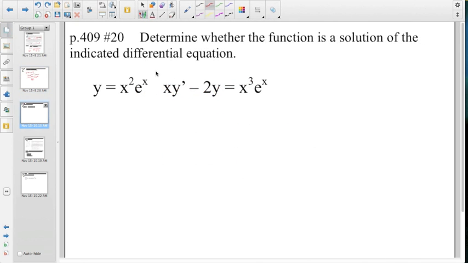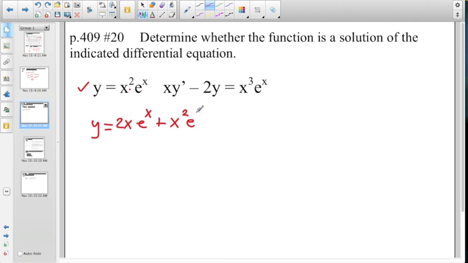Complicated example: we want to verify that this is a solution to this first-order differential equation. Taking the derivative of this is slightly more complicated. We have to use the product rule. So we'll take the derivative of the first, which is 2x, times the second, plus the first times the derivative of the second.